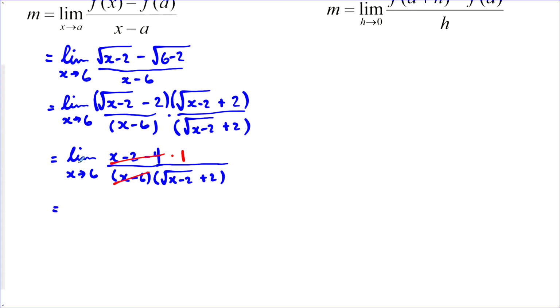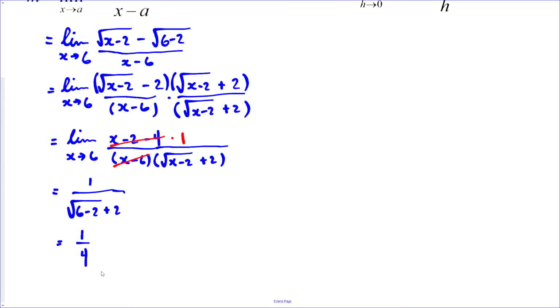Now, it's safe to let x approach 6. So we have 1 over, and it's 6 minus 2 in the denominator. And we can do that. And this would be the square root of 4, which is 2 plus 2. So we get 1 over 4.